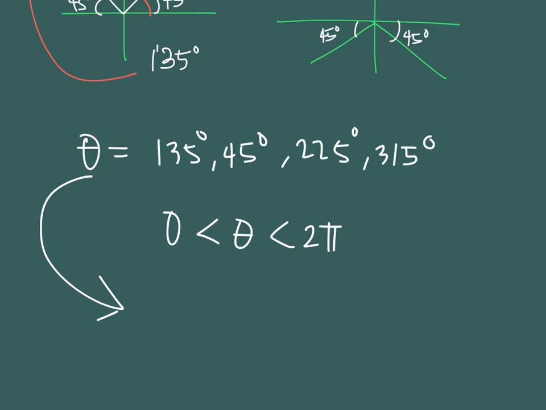So let's start with 45. The conversion factor is pi over 180 because pi and 180 are equivalent. If we simplify this, there are four 45s in 180, so this must be pi over 4. That's the first one.